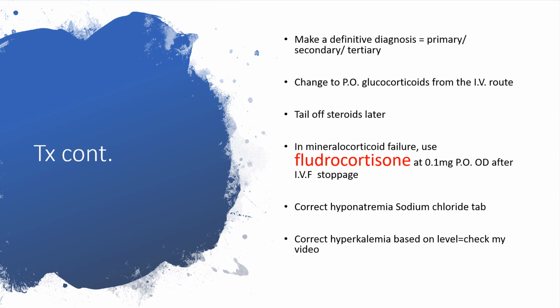Still on treatment, we have to make a definitive diagnosis because we should know whether we are dealing with primary, secondary, or tertiary adrenal insufficiency. So we will change to per oral glucocorticoids from the IV route, since the individual is now out of coma or whatever the first presentation is all about, and the individual could take per oral and could retain.